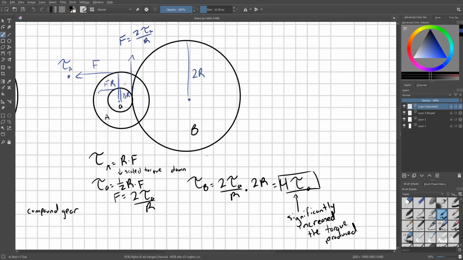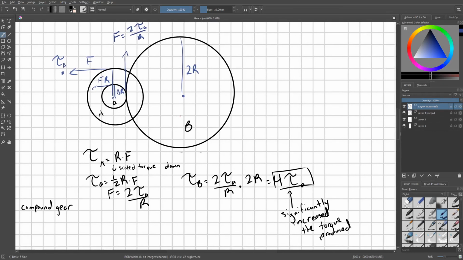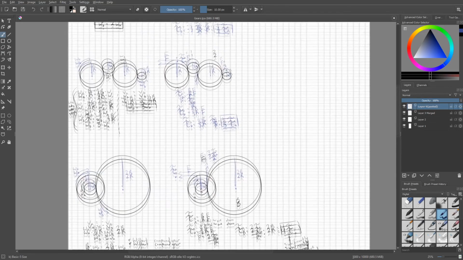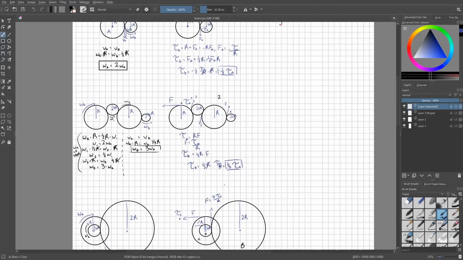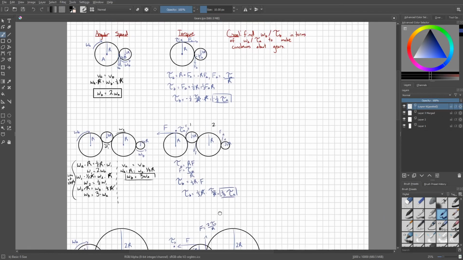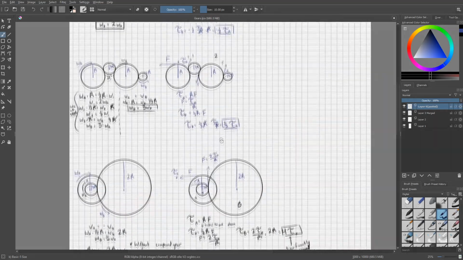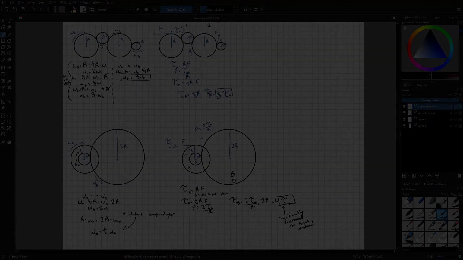If we just used a single gear on this, then we would get twice the torque. But by adding this compound gear, we got 4 times the torque. So that's a very powerful effect. So with that, we've demonstrated a lot of different mechanical advantages that gears can bring. So, thanks for watching.